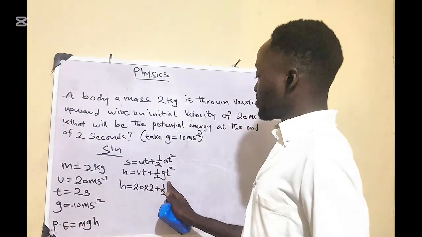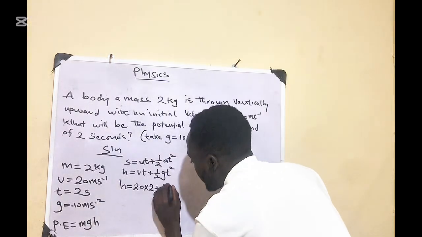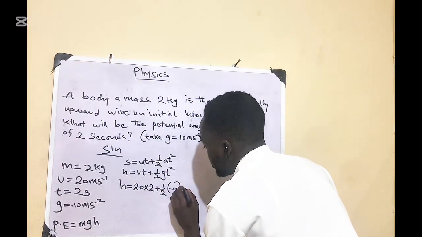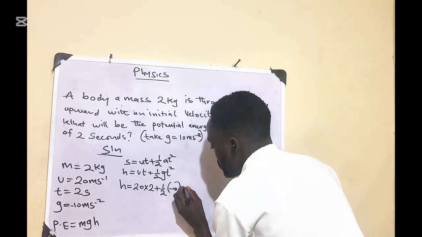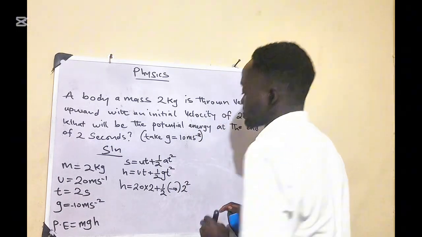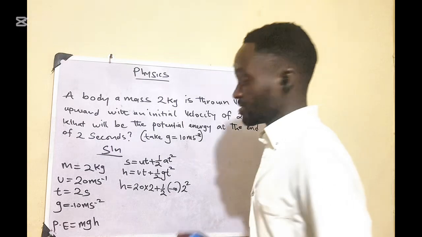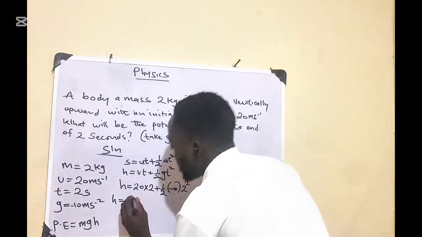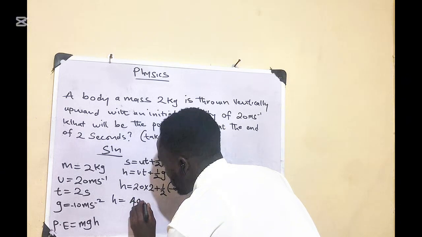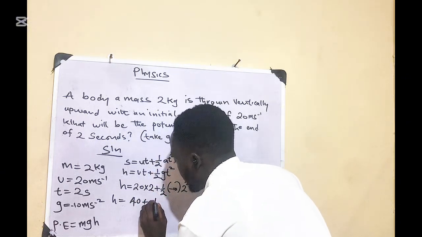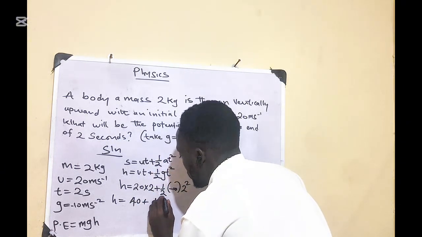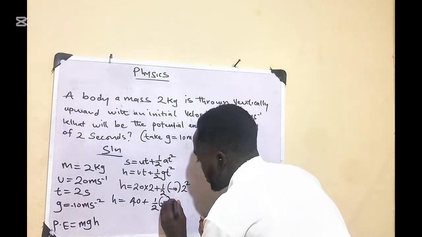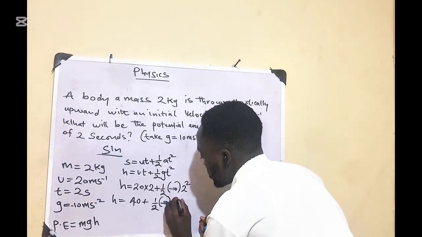So now, substituting it here, we are going to have negative 10 times t squared, which is 2 squared. So let's multiply it. So we'll have h is equal to 20 times 2 will give us 40, plus we'll have 1 all over 2 times minus 10 times 2 squared, and 2 squared is 4.